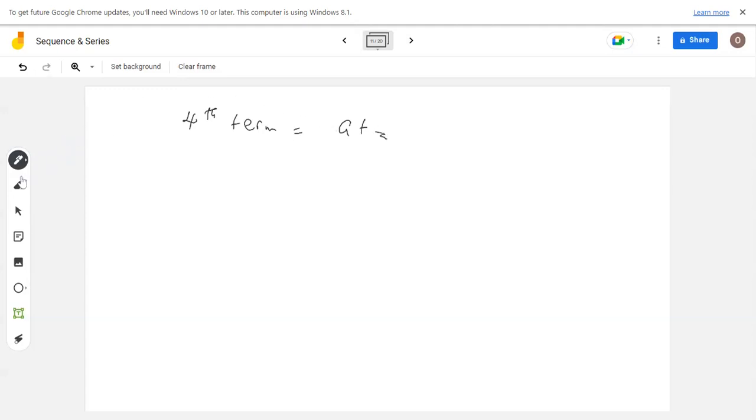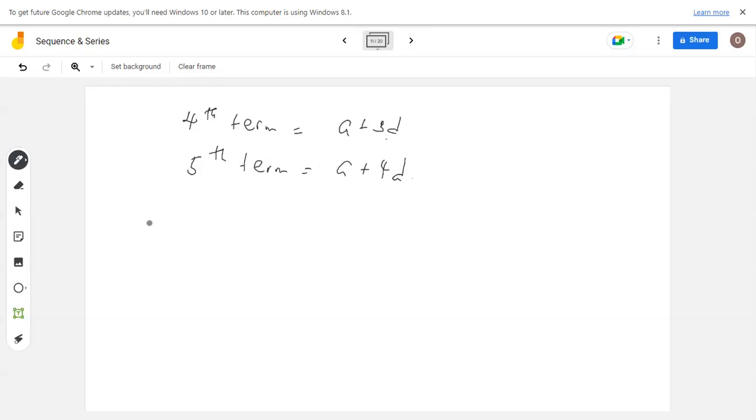The fifth term of AP is equal to a plus 4d, and so on and so forth.